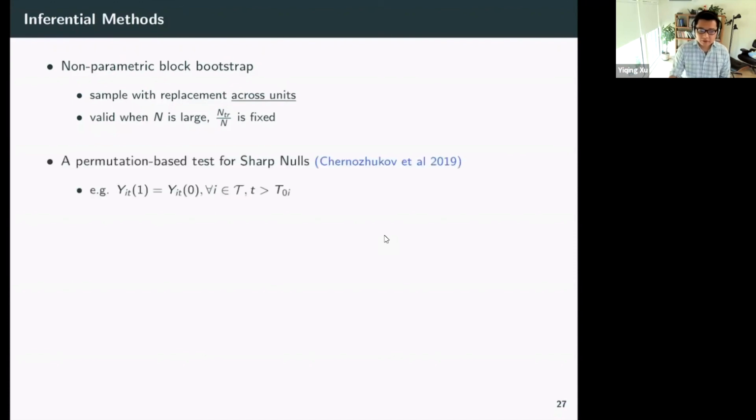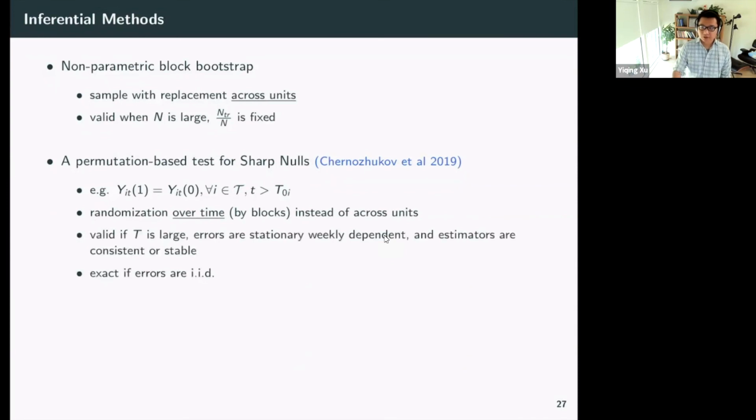And there's another method, which is permutation-based. It does not permute by N, it permutes by time. It assumes the sharp null, essentially assuming the treatment has absolutely no effect, and also assumes randomization over time by blocks, which is a pretty strong assumption. So in the permutation, you permute the blocks by time. You rotate blocks.